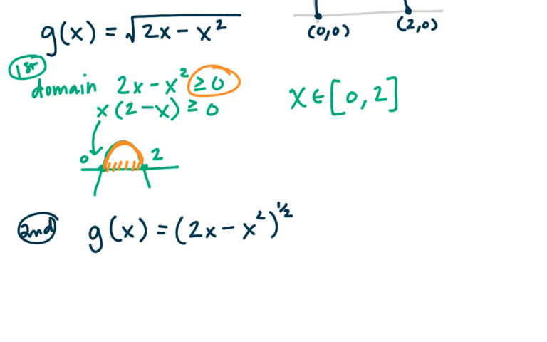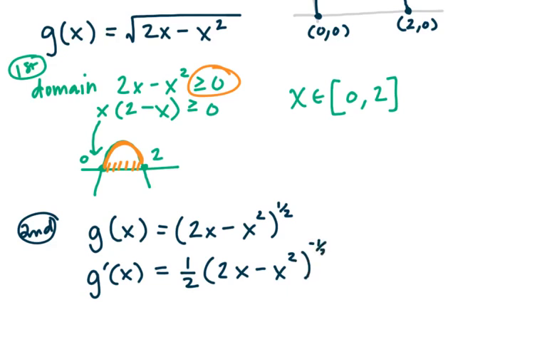So g prime of x, I'll use my chain rule. That is 1/2 times (2x minus x squared). 1/2 take away 1 is the negative 1/2 power. And then we say times the derivative of the inside, and the derivative of the inside here is 2 minus 2x.